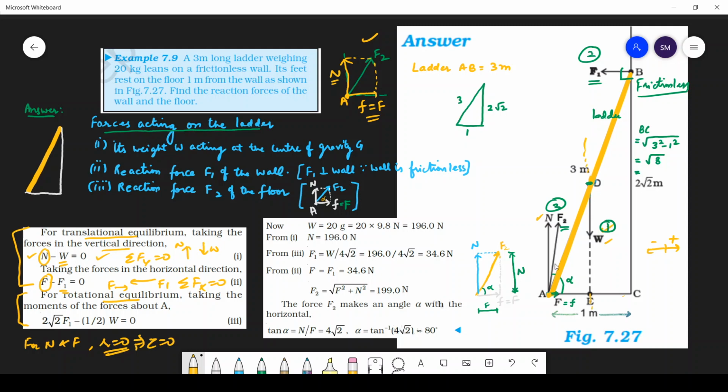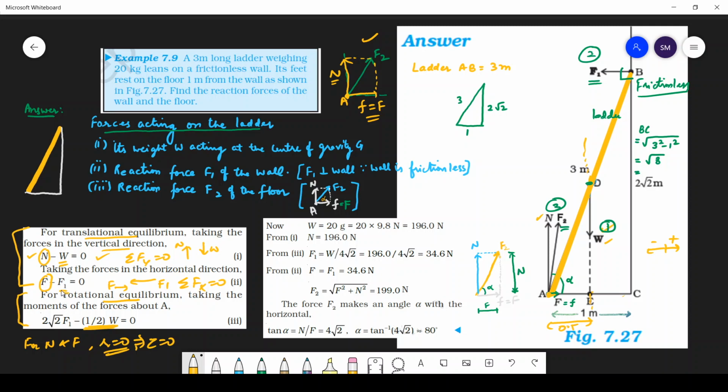This is your line of action, and this is where you are taking the distance from the origin. So origin to line of action, this distance is half of it. So this is 1 meter, this is 0.5 meter. So about W, that is written as half.